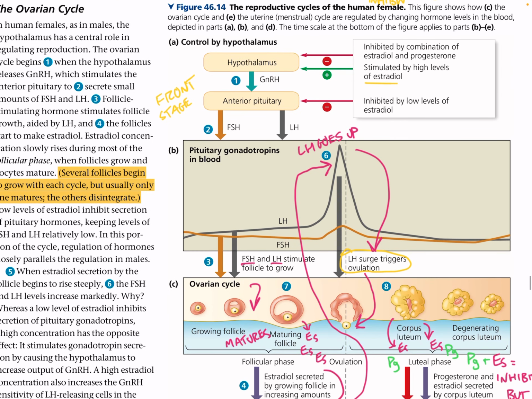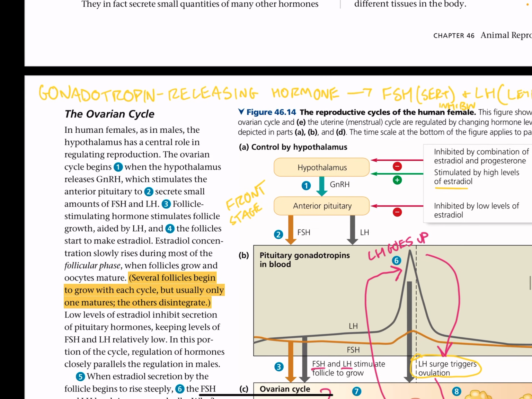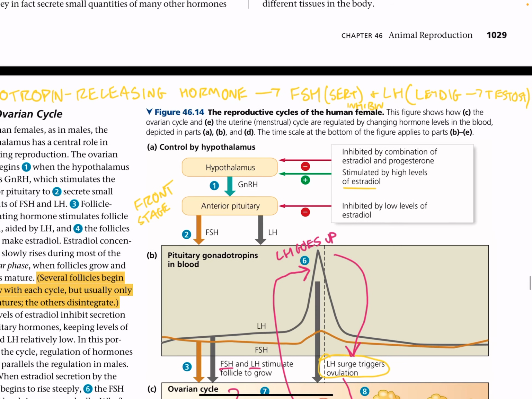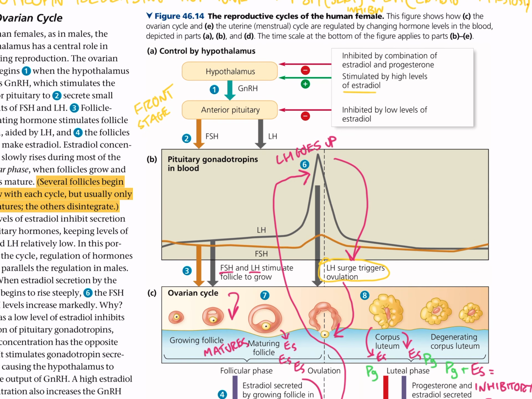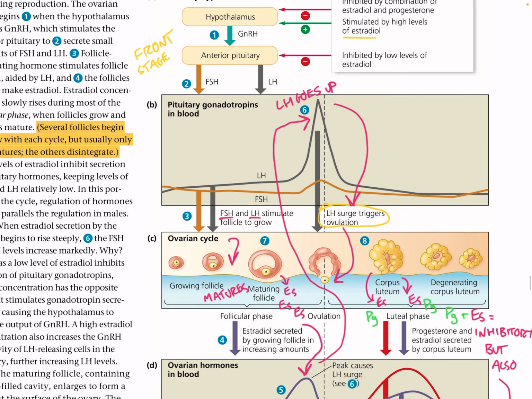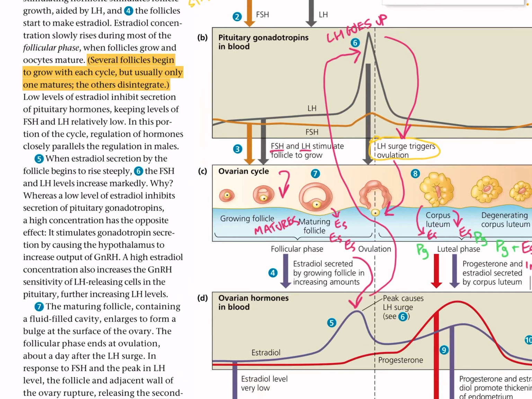So the hypothalamus and the anterior pituitary, via this GnRH, which is the gonadotropin releasing hormone, stimulate the FSH and the LH, okay? Both of those, like we said, stimulate the ovaries and the testes. It stimulates the follicle to grow into an oocyte.